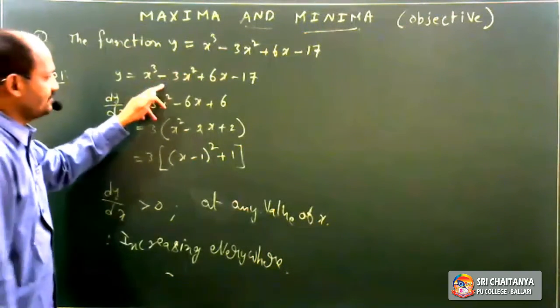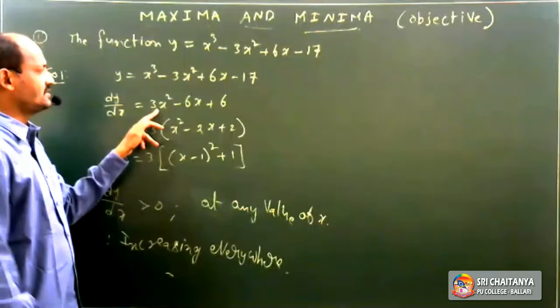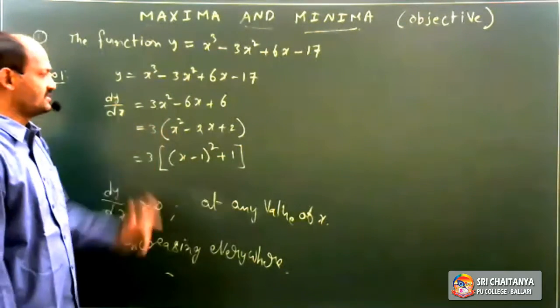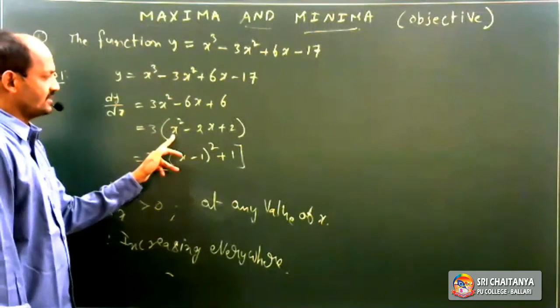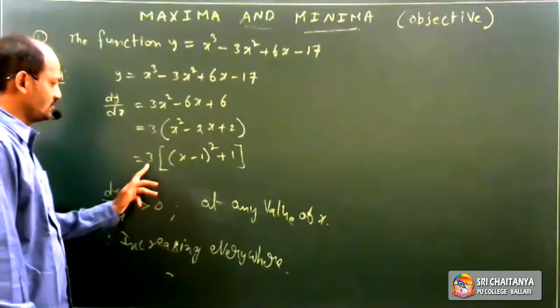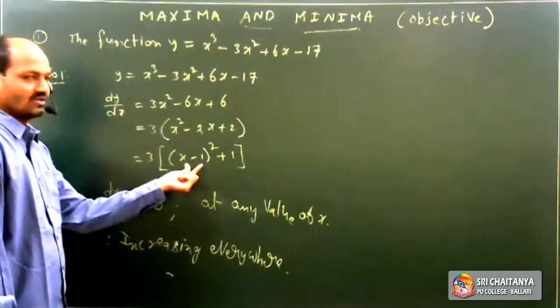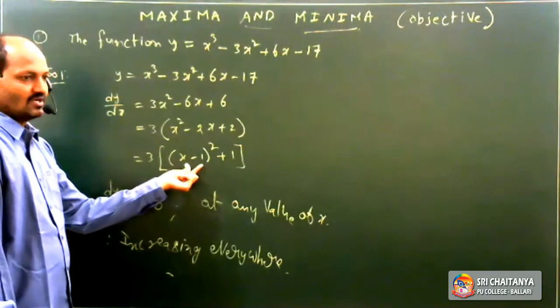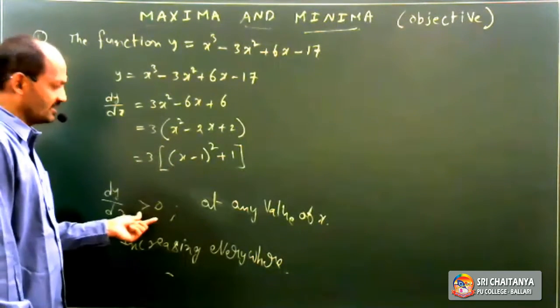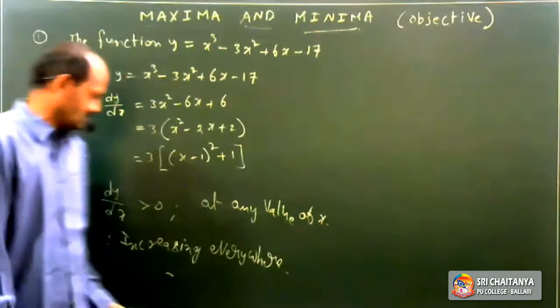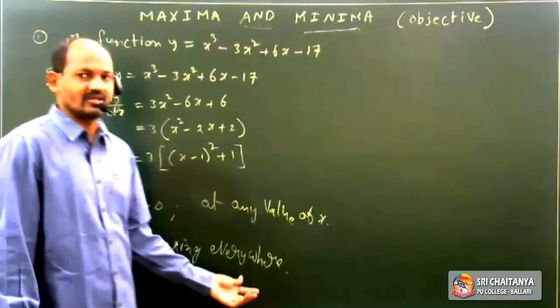So given function, first derivative is 3x square minus 6x plus 6, 3 into x square minus 2x plus 2, 3 into x minus 1 whole square plus 1. Whole square is always positive. So first derivative is greater than 0 at any value of x. So it is increasing everywhere.